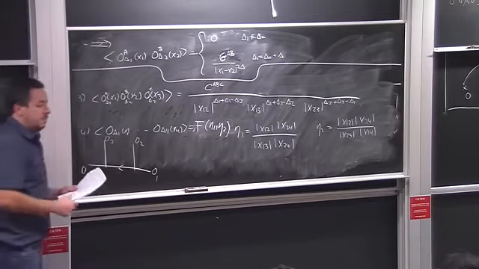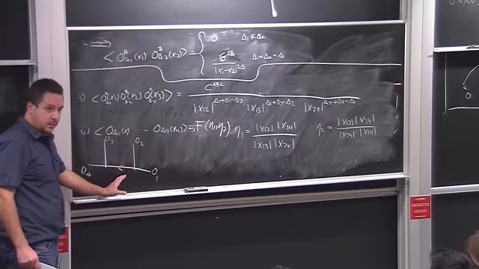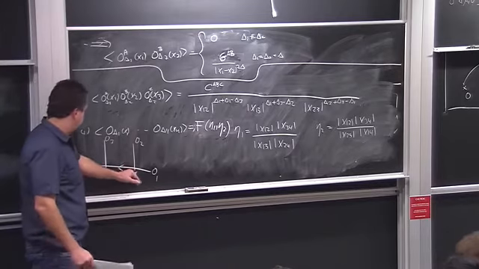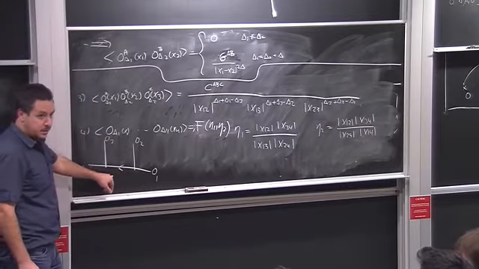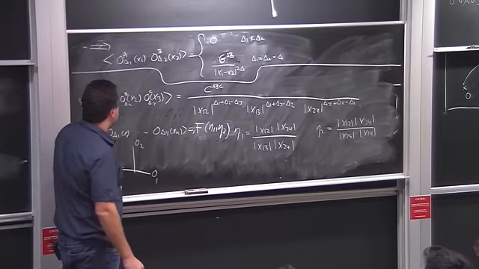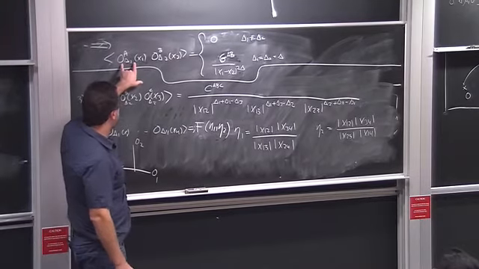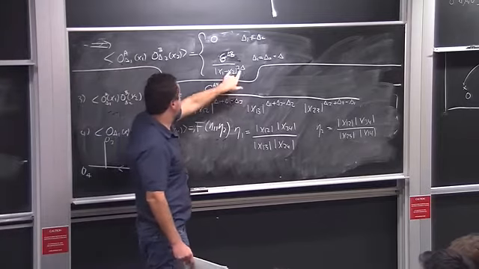Another way, maybe a more physical way of saying it, is that you insert a complete set of states. So you have a sum over all possible states in the Hilbert space. This is the same as summing over all possible operators here. The energy of the state will be given by the dimension.